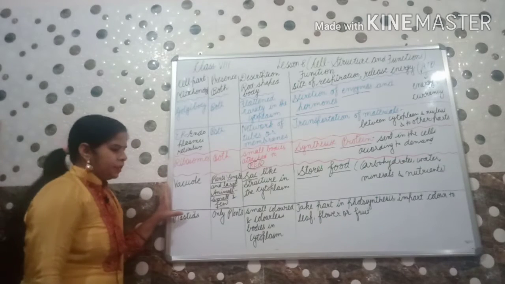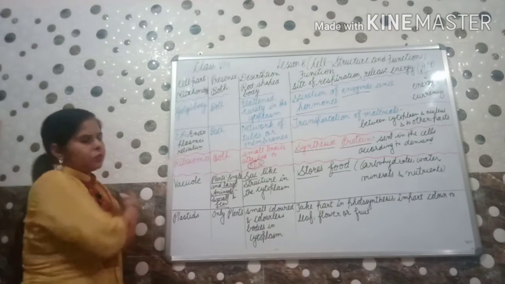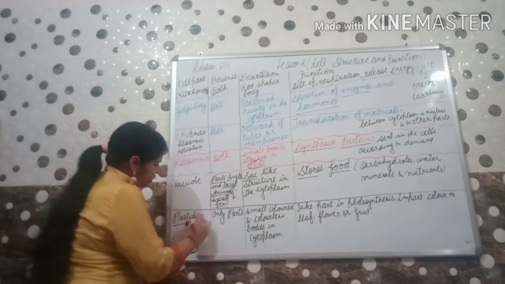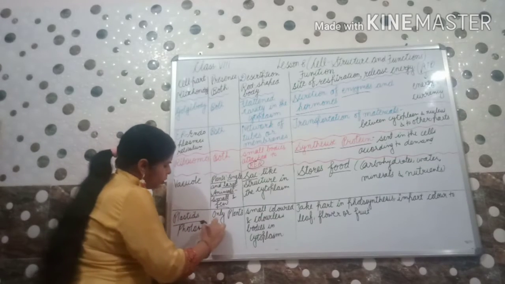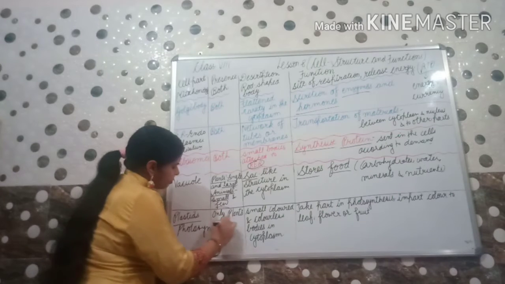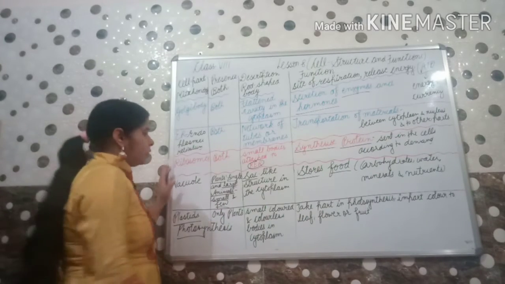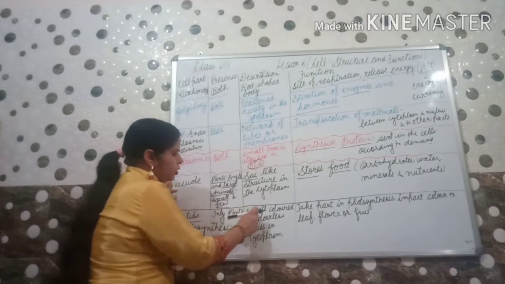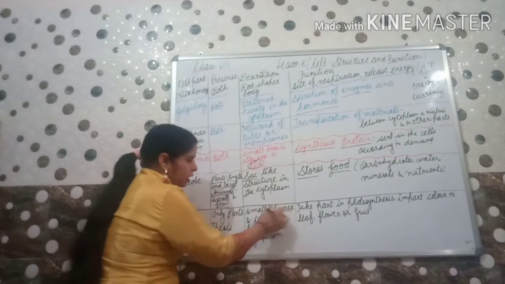Next is plastids. Plastids are present only in the plants. Why? Because as we know, the function of photosynthesis is performed only by the plants. That is why these are present only in the plant cells. Description: small colored and colorless bodies in the cytoplasm.